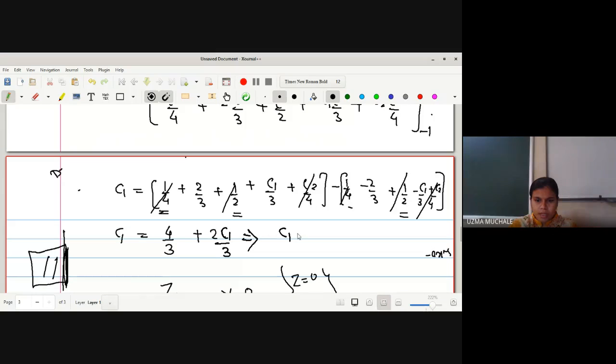If I take c1 outside, it will be 1 minus 2 by 3, which is 1 by 3.